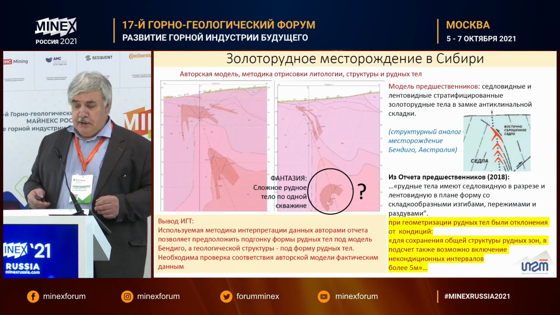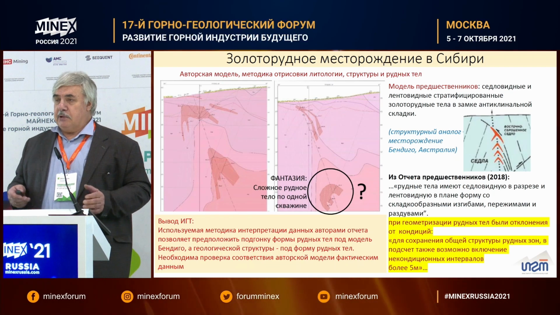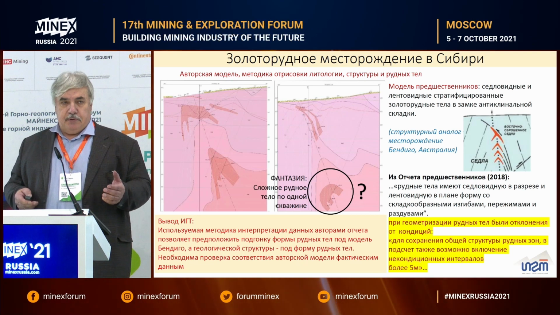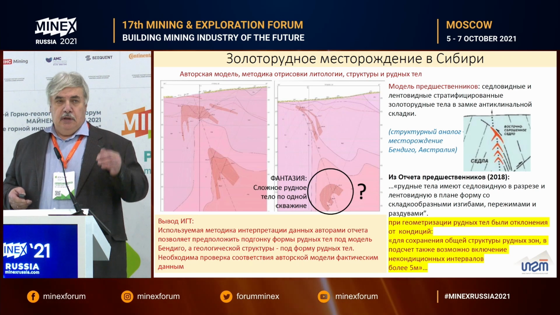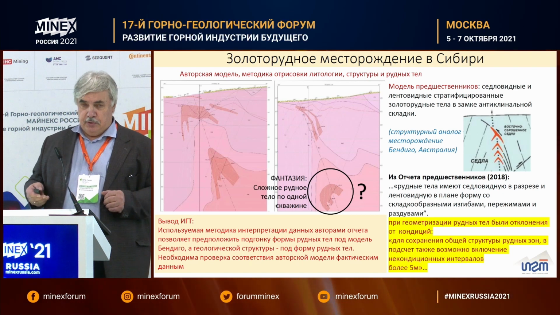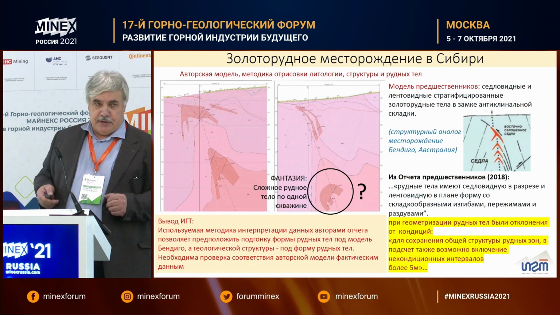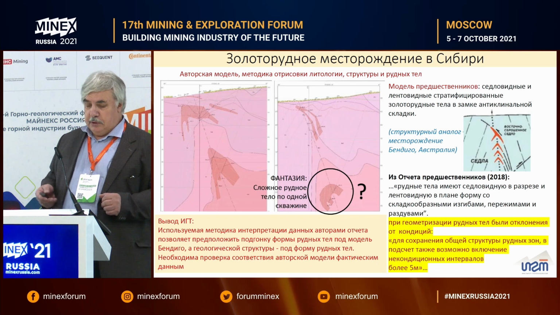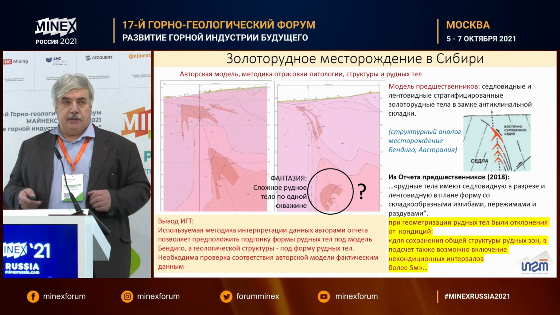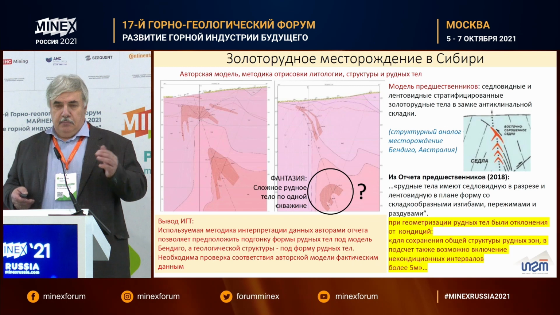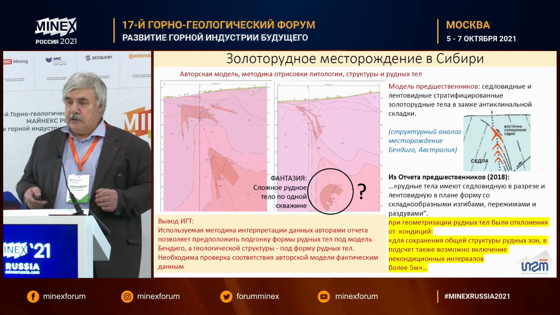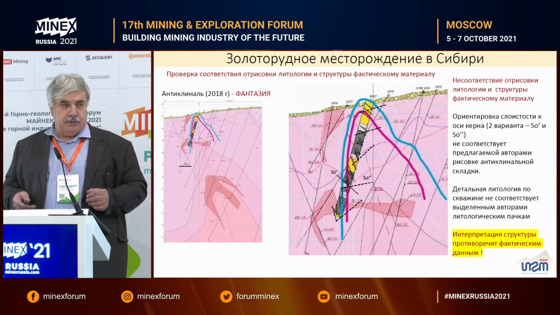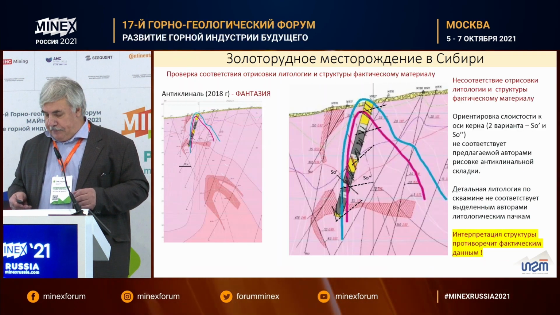Here is the gold-bearing deposit in Siberia. We've been tasked to make the assessment, and here is an anticlinal fault with the deposits of gold. This is similar to the Bendigo deposit in Australia. We analyzed the methodology, and this is a deviation of conditions to maintain this very simple structure, and we thought it was not correct, and we decided to make the analysis.